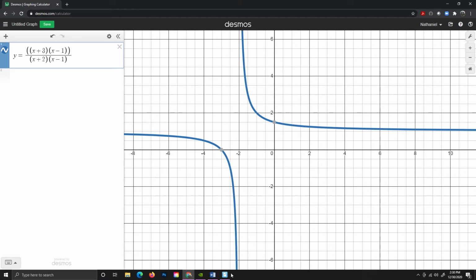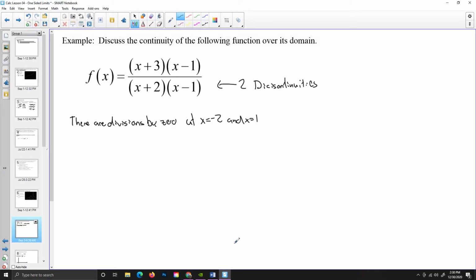So we can say that this function is continuous on the open intervals from negative infinity to negative 2, unioned with negative 2 to positive 1, unioned with 1 to positive infinity.